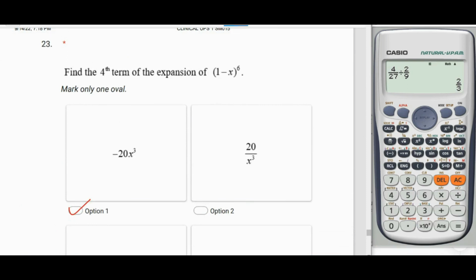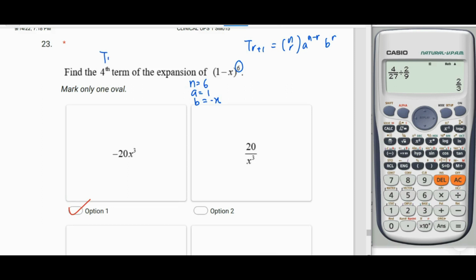So formula, the T r plus 1 equals nCr, a to the n minus r, b to the power of r. So this is our binomial expansion type 1, where power is 6, a is 1. You can see power is 6, positive integer. It will be type 1. b is negative x. So we substitute inside here.